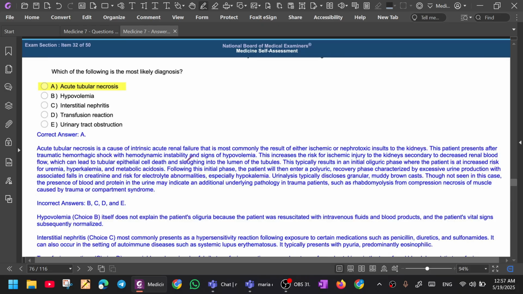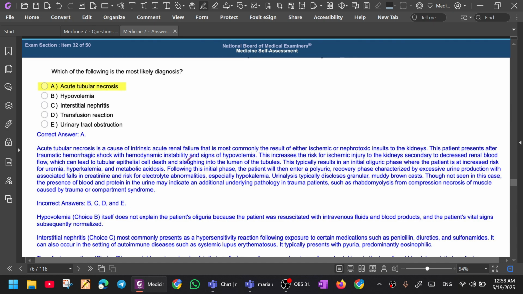This patient presents after traumatic hemorrhagic shock with hemodynamic instability and signs of hypovolemia. This increases the risk of ischemic injury to the kidneys secondary to decreased renal blood flow, which can lead to tubular epithelial cell death and sloughing into the lumen of the tubules.